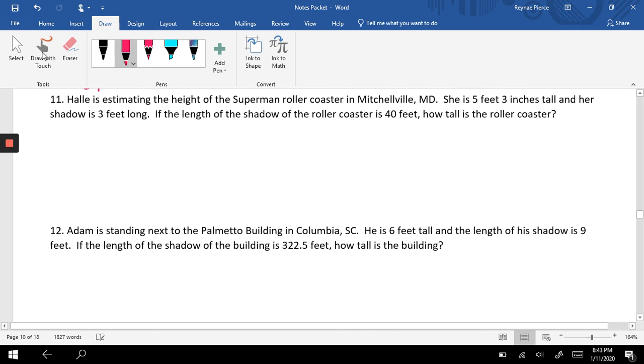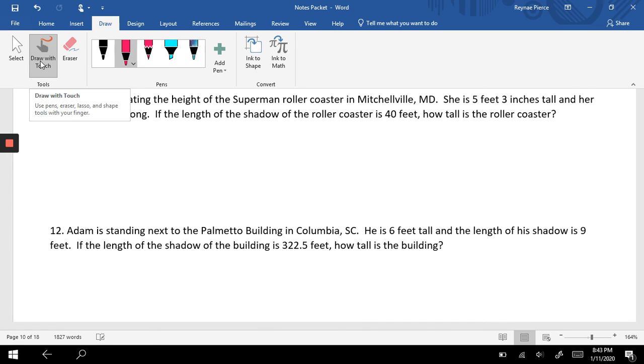All right, last two examples here. We are going to use similar triangles to find a measurement of something. Okay, this is called indirect measurement. It says Hallie is estimating the height of the Superman roller coaster in Mitchellville, Maryland. She is 5 feet 3 inches tall. Okay, so we've got Hallie here.